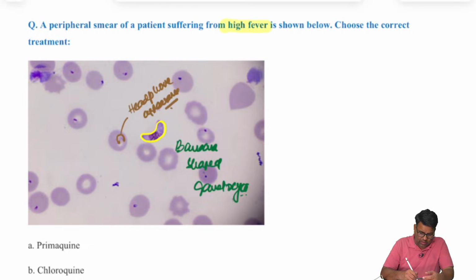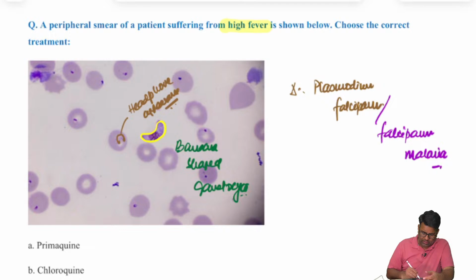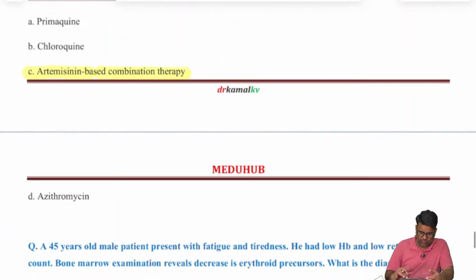So this is classical for Plasmodium falciparum, or falciparum malaria. Clear? And what we need to give is artemisinin based combination therapy. That is the answer for this question.